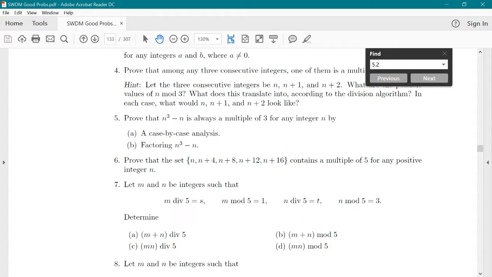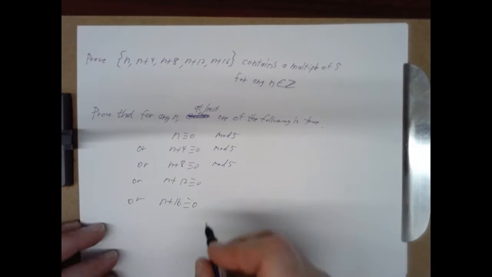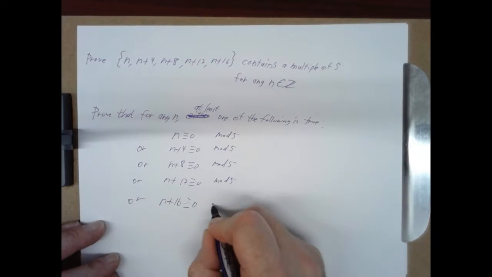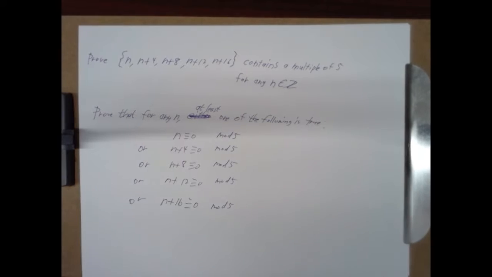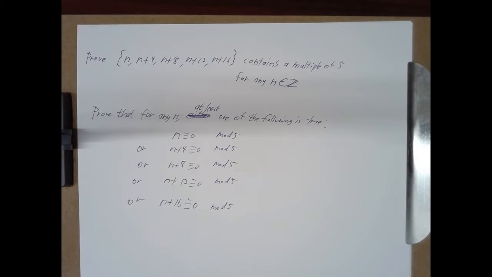So instead of saying that one of these is a multiple of 5, let's say either n is congruent to 0 mod 5, or n plus 4 is congruent to 0, or, and so on. So one of these has to be true. That's the same thing as saying one of those is a multiple of 5. It's saying that one of those is congruent to 0 mod 5.